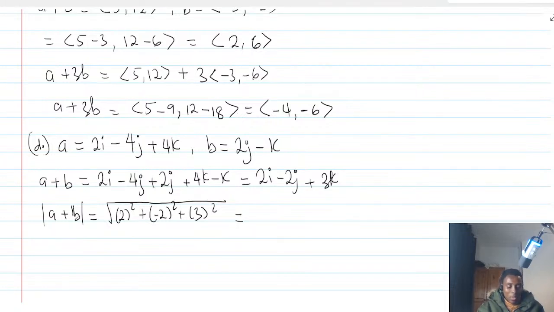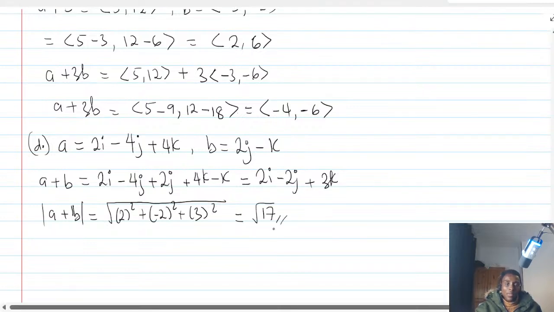Please, can you hear me? Okay. So 2 squared plus 2 squared plus 3 squared, and what is that? So we will get square root of 17.